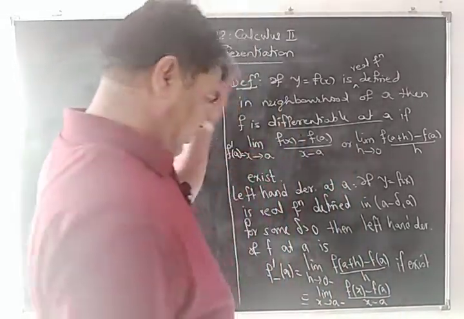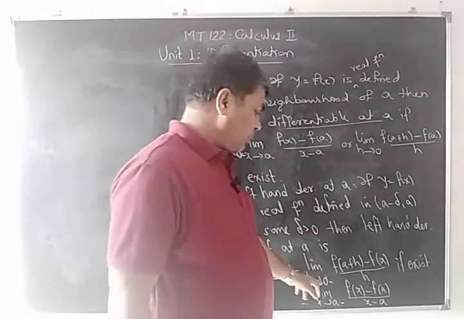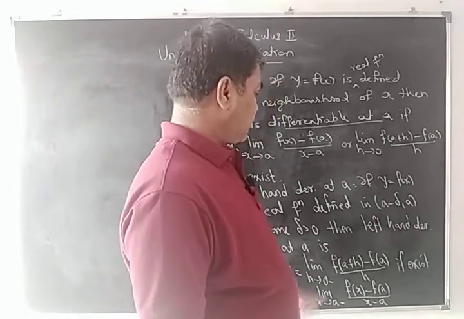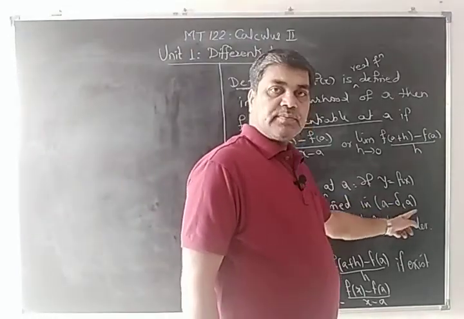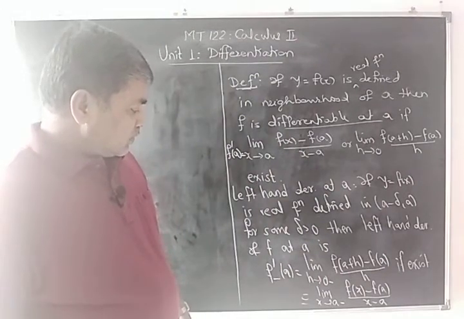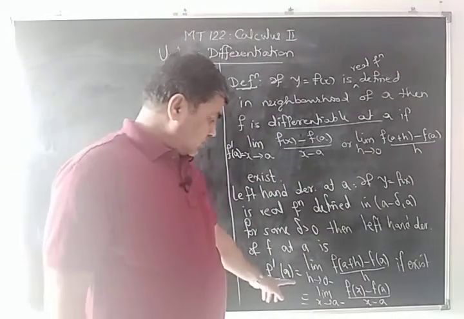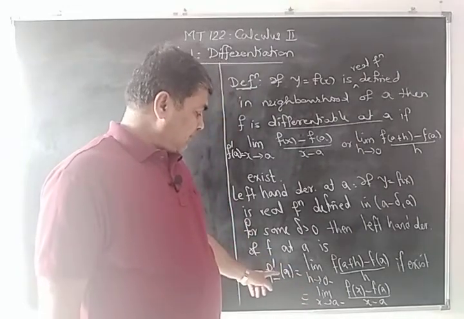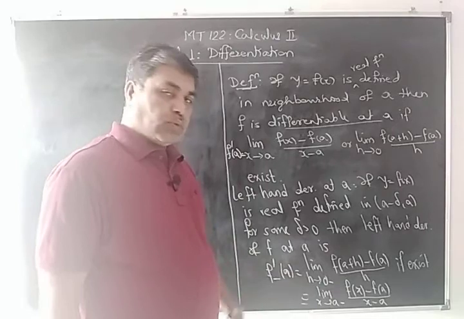See here, h approaches 0 from the left side, means x approaches a from the left side. Is it clear? So if this exists, then we denote it by f dash of a minus is equal to this.